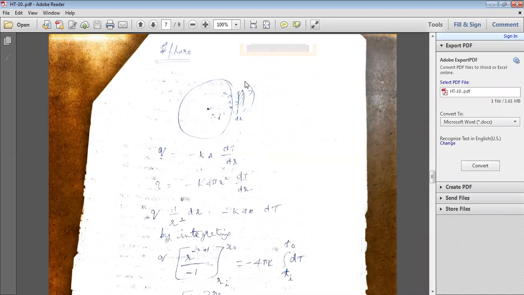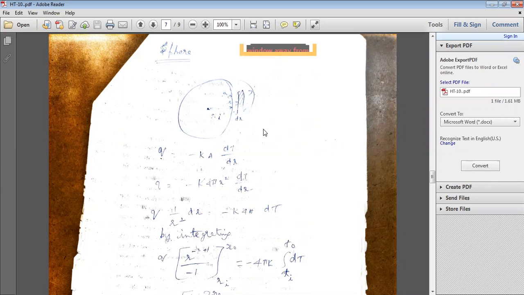Consider a sphere, or a hemisphere otherwise, of inside radius Ri and outside radius Ro. Take a small elemental volume at a distance R from the center, of thickness dr. Here length will not be there for a sphere, only radius and surface area.